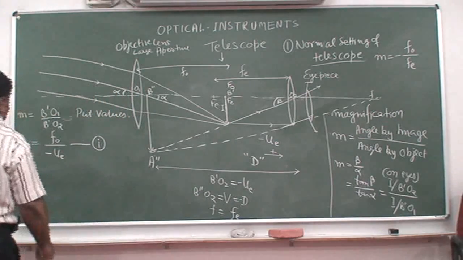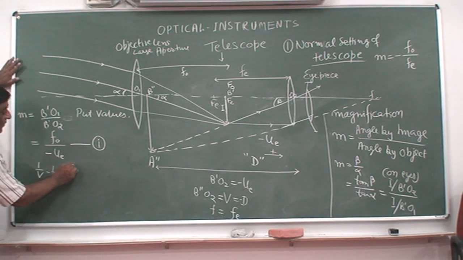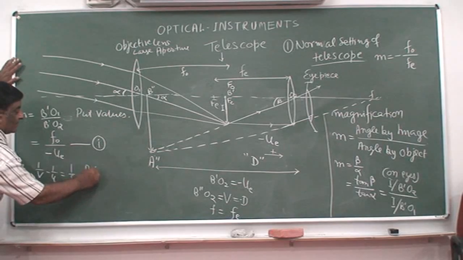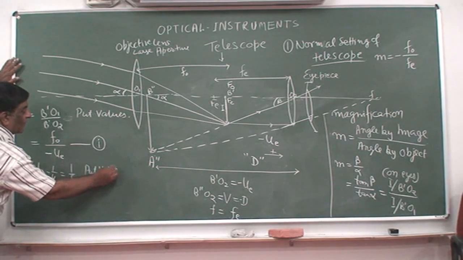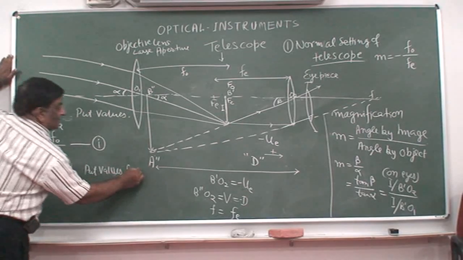And we know a relation: 1 upon V minus 1 upon U is equal to 1 upon F. Now let's put values for the eyepiece.